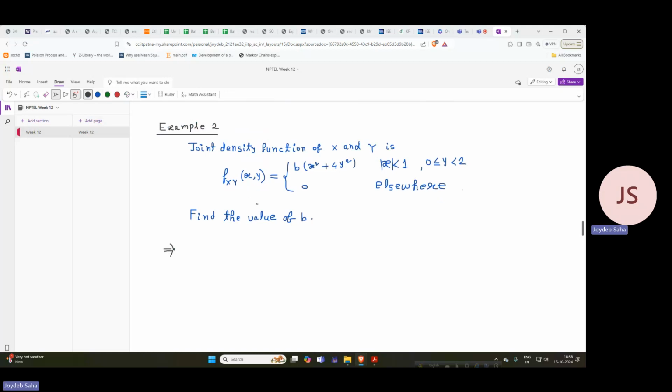How to solve? If this is a valid joint density function, then the double integral of f of xy will be 1 for the limit x is equal to minus infinity to plus infinity and same limit of y, right? So then solve it.